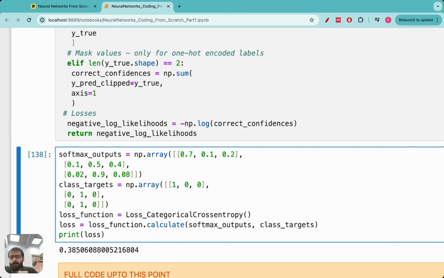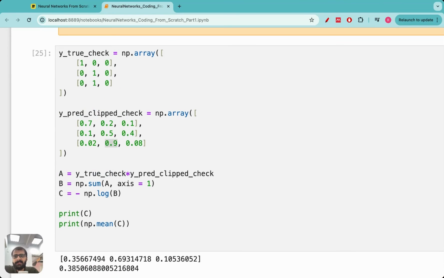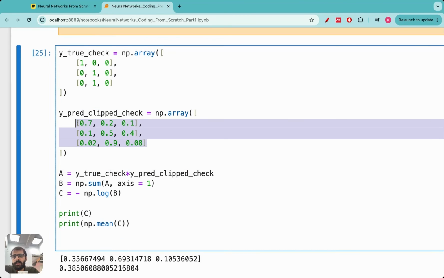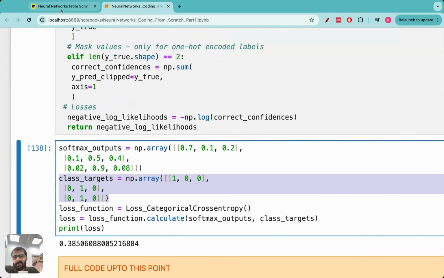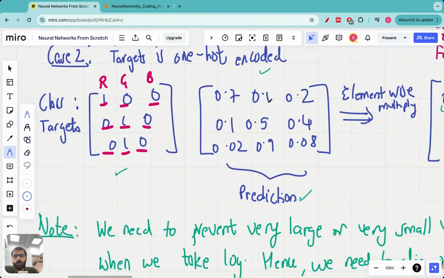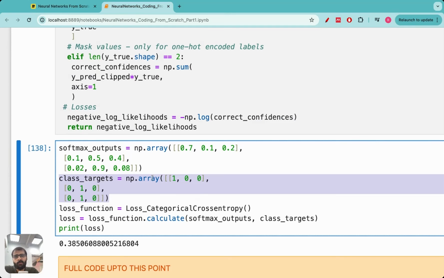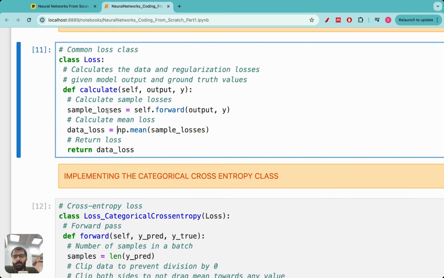So here is a simple demonstration of how these classes work. Let's say these are the softmax outputs, which we had already seen over here. And let's say these are our class targets. So this is the one hot encoding. These are the class targets and these are the softmax outputs. We will first call the loss categorical cross entropy, and then we will use the calculate method here.